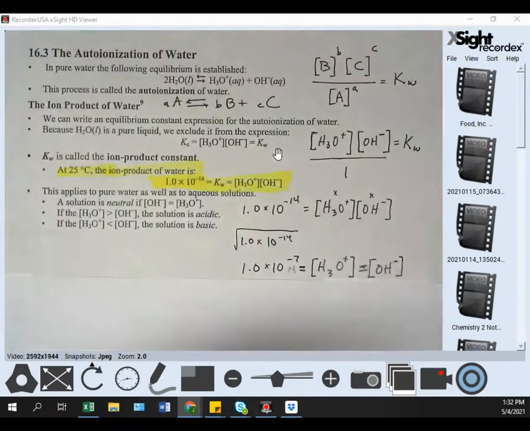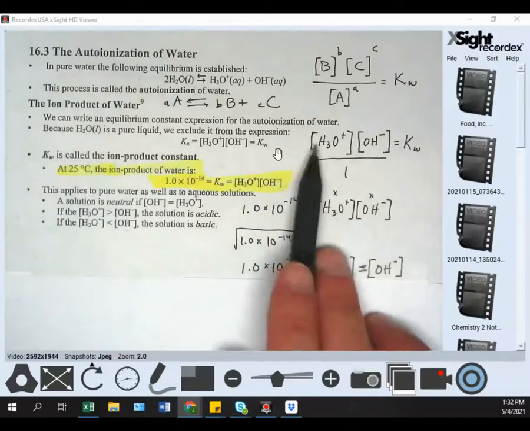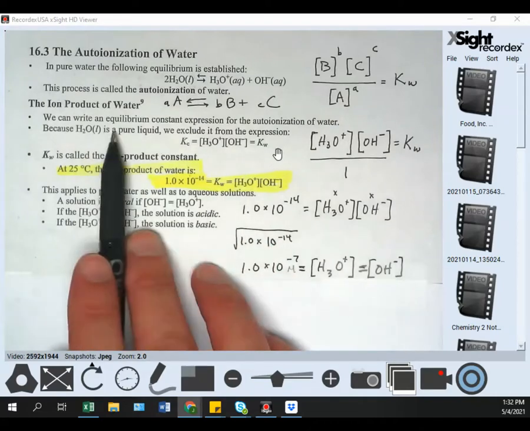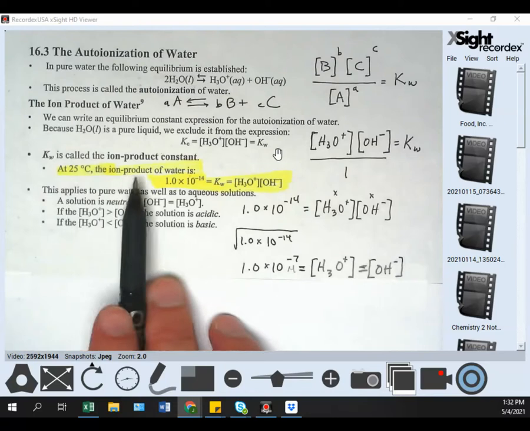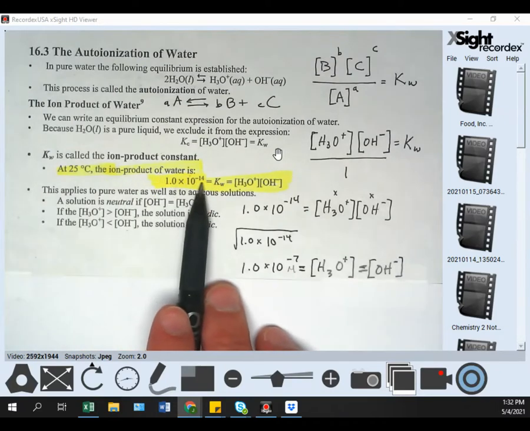At 25 degrees Celsius, the ion product of water is 1.0 times 10 to the negative 14th.